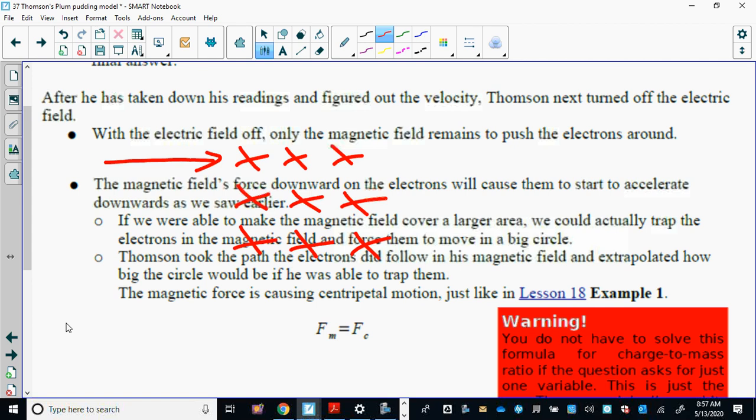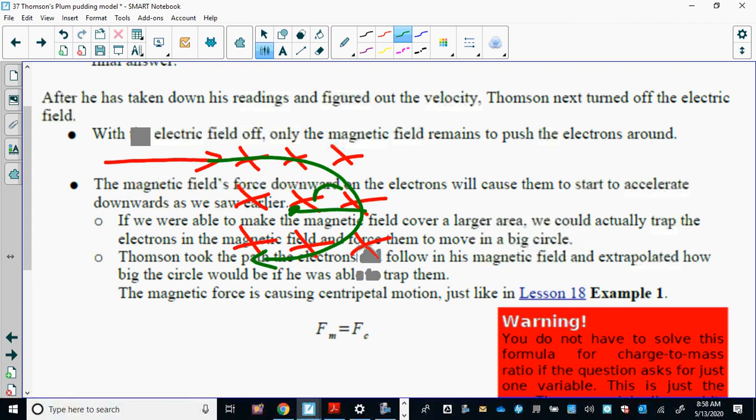And we know that when charged particles go into a magnetic field, they will follow a circular path. So use your left-hand rule. This electron, magnetic field is going into the board. Electron is going to the right. Palm is facing down. Therefore, this electron will go in a nice circular path.